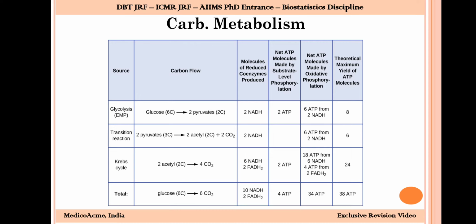In the transition reaction, that is the link reaction, only 2 NADH is produced, and in the Krebs cycle you can see that 6 NADH, 2 FADH2, and 2 ATP are produced. In total, 4 ATP are produced directly as ATP, plus 10 NADH and 2 FADH2, and a total of 38 ATP is produced by all these processes. So you can remember it.